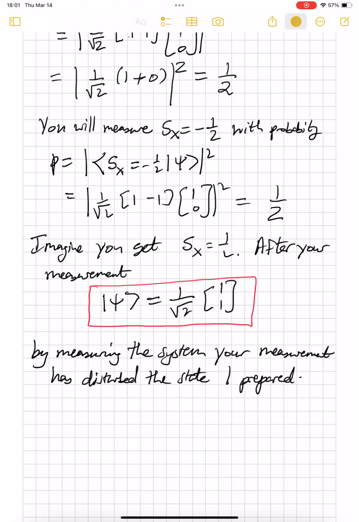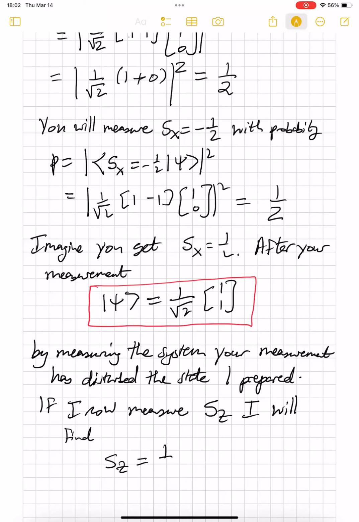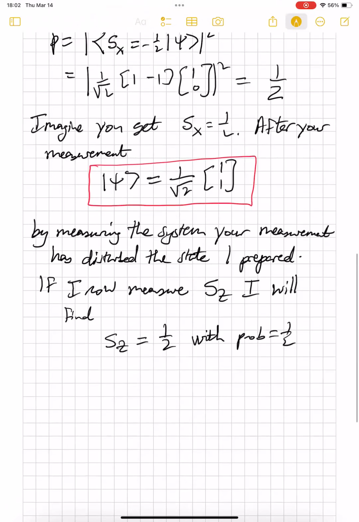And in particular, I can detect this if I now measure the Z component of the spin. Doing exactly the same kinds of calculations, I will find Sz equal to 1/2 with probability 1/2, but I will also find Sz equal to -1/2 with probability 1/2.